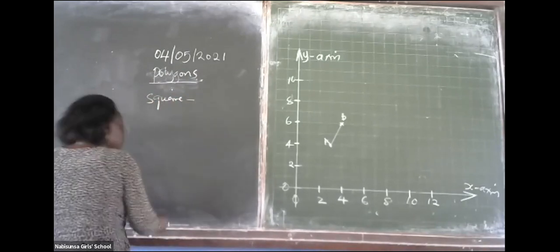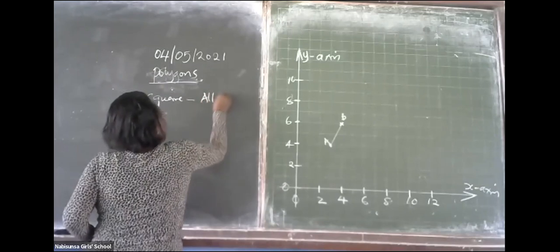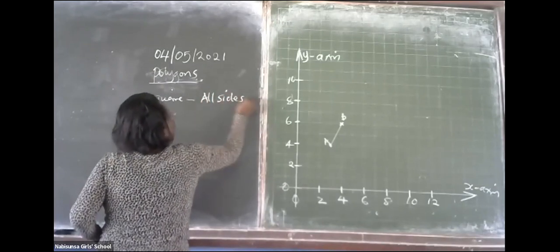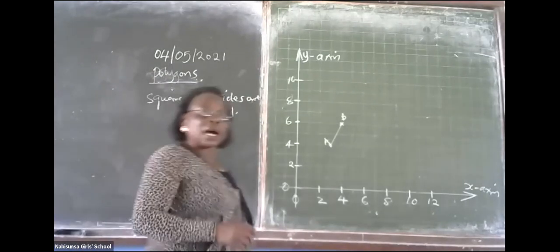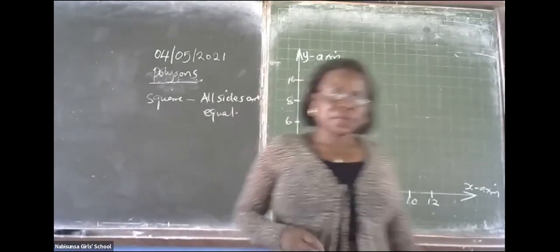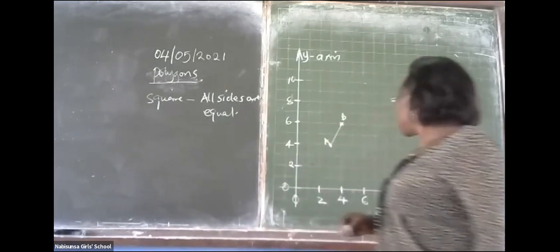Somebody has told us that for a square, all sides are equal. What else do we know about a square?